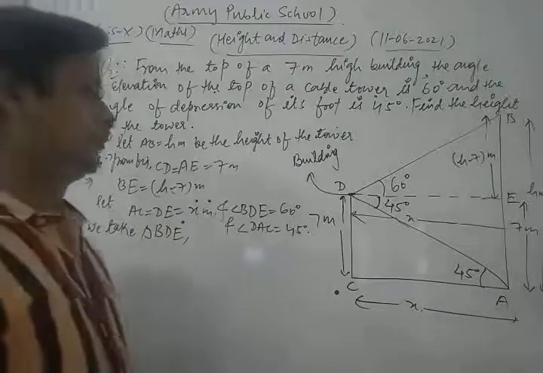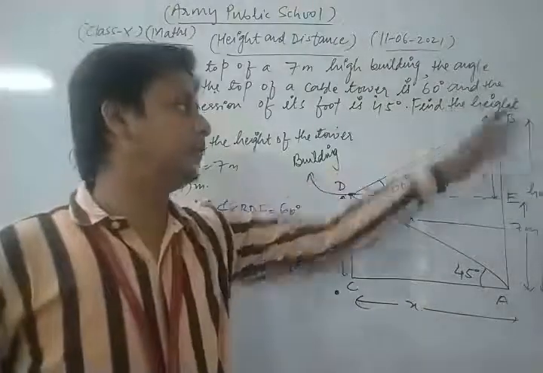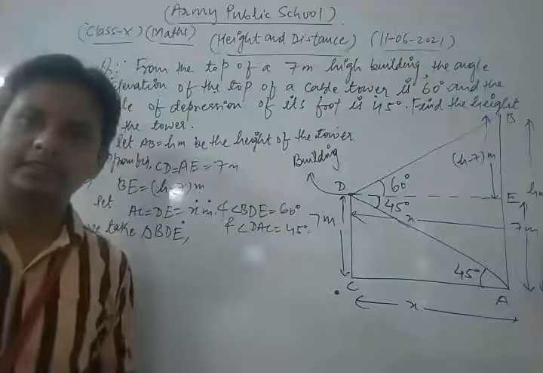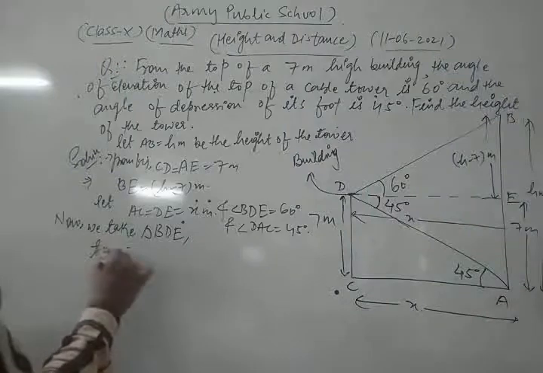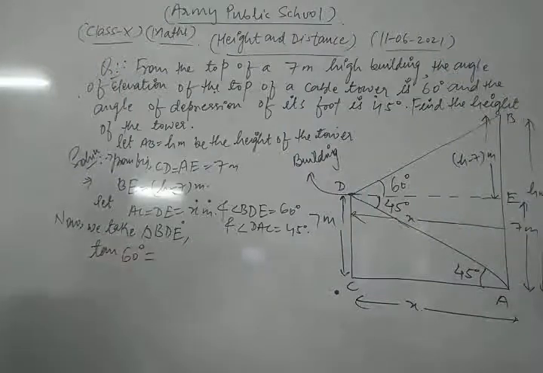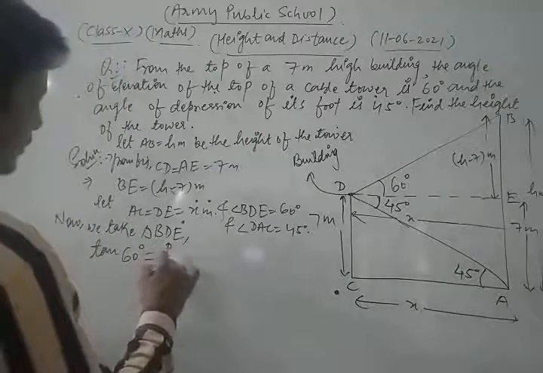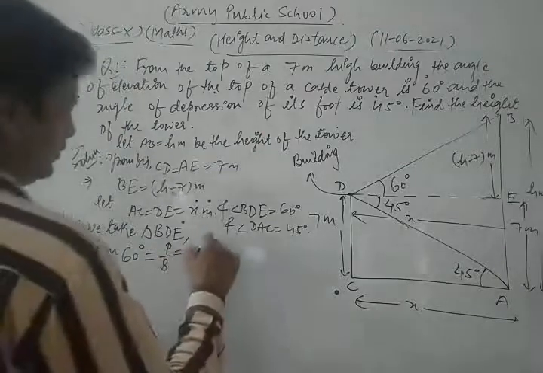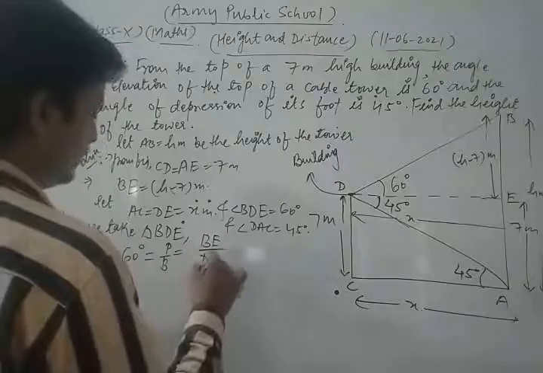Now let's see. Dear friends, in triangle BDE, this is your perpendicular and this is your base. And perpendicular and base come in tan. So we apply tan of 60 degree, perpendicular upon base. Now perpendicular is BE, and base is DE.